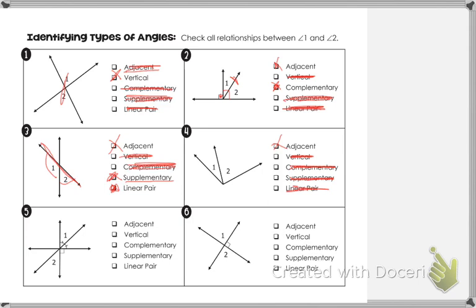For number 5, 1 and 2. Okay, so it's saying that this one and this one are equal to each other, but we're comparing these two. These two are right across from each other, so they're vertical.